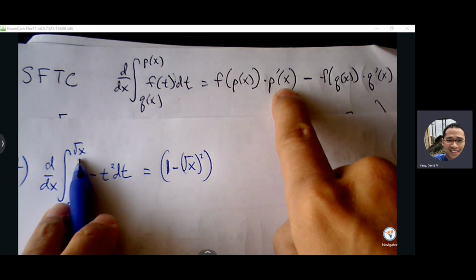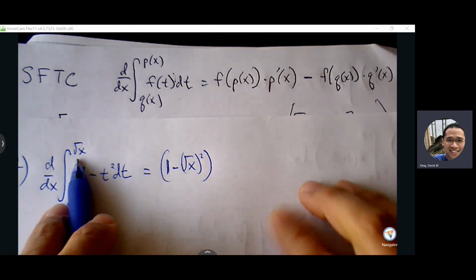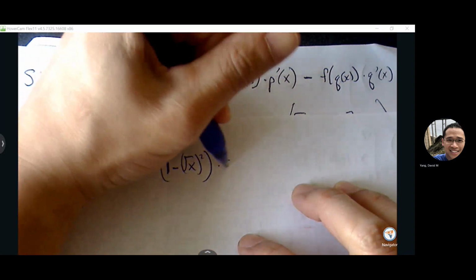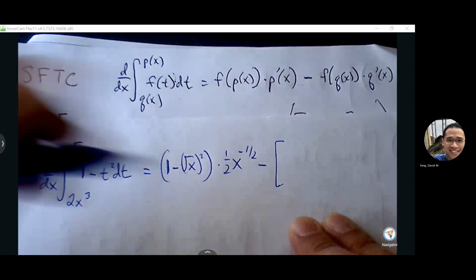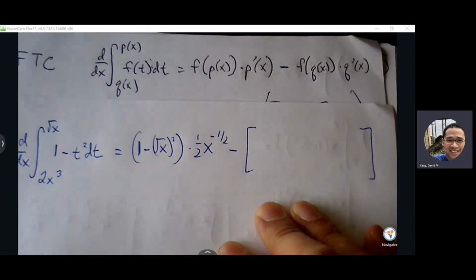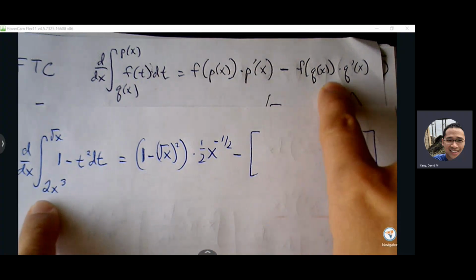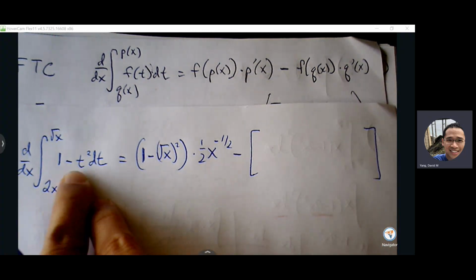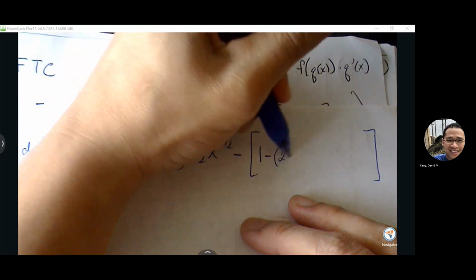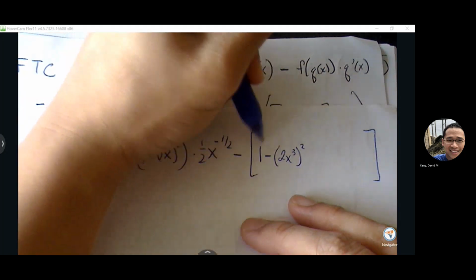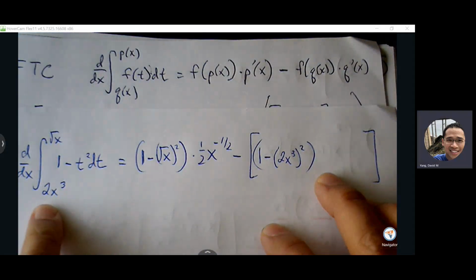Go through power rule. 1/2 x to the 1/2 becomes 1/2 x to the negative 1/2. Minus, big bracket, make big parentheses. Same process with the lower bound into the expression, times the lower bound's derivative.